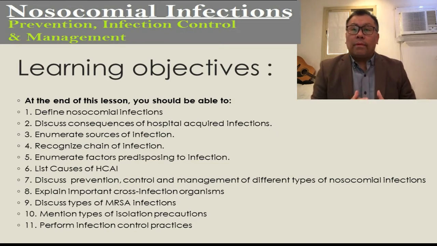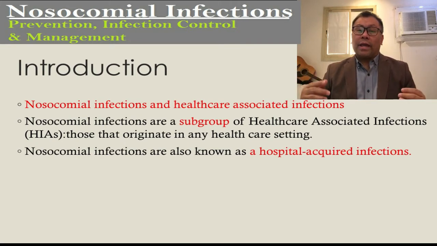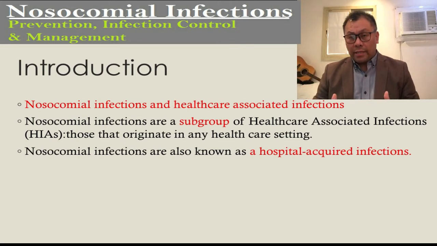First, we are going to discuss nosocomial infections and healthcare-associated infection. So what is this? These are a subgroup of healthcare-associated infection, those that originate in any healthcare setting, for example if you are working in the hospital or you are a patient in the hospital.